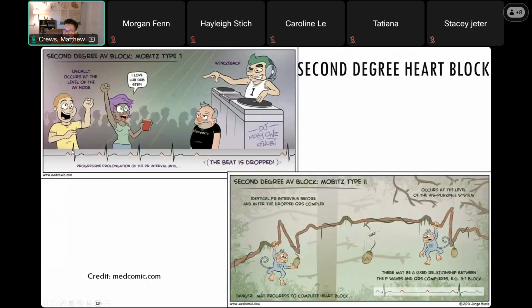Second degree AV block. First degree was just before the AV node, second degree is at the AV node. So it's doing it, but it's delayed and it's progressively prolonging it until it just drops a beat. You'll see this on the EKG. You'll see just a blank flat line, and then the heart will be like, "Oh yeah, I'm supposed to beat," and then it'll start over.